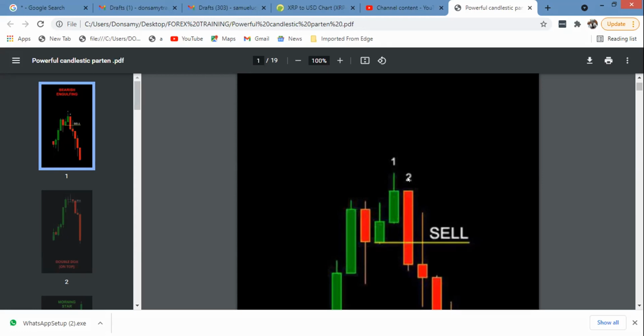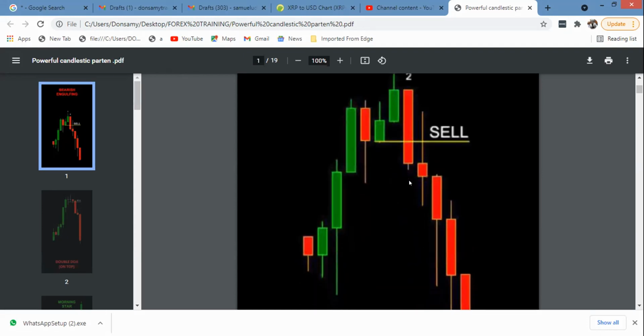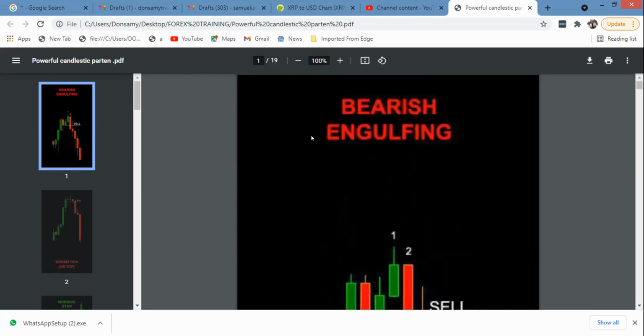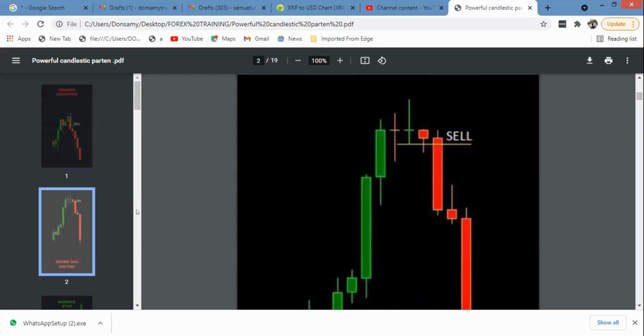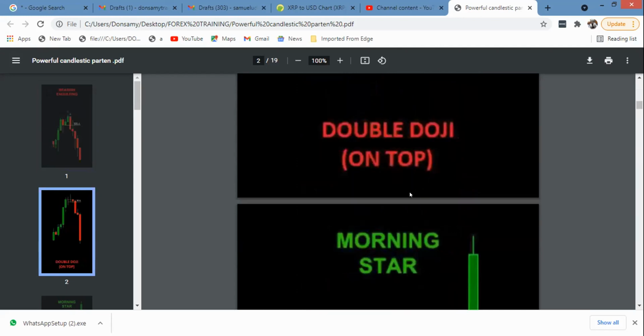So today, we are going to look at only the engulfing candle.